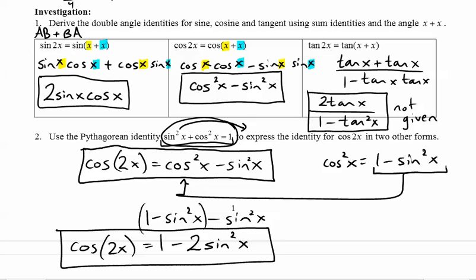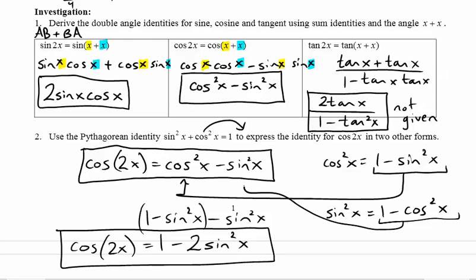So in order to get the very last formula for cosine 2x, instead of substituting for the cosine squared, let's substitute the sine squared. So let's solve sine squared plus cos squared equals 1. Instead of getting cos squared by itself, let's get sine squared by itself by moving the cos squared to the other side. And then taking that 1 minus cos squared and putting it in instead of sine squared.